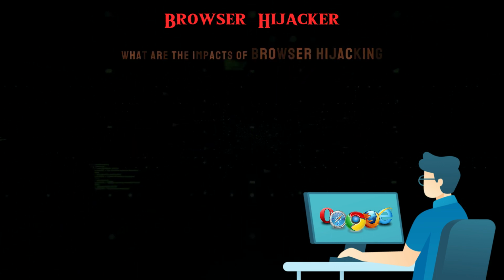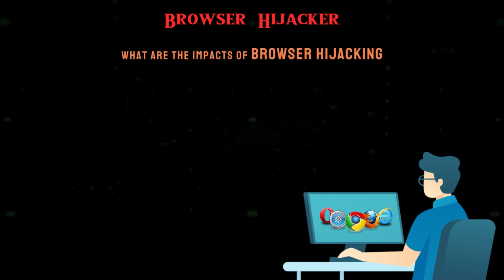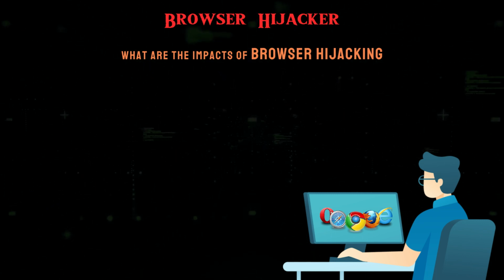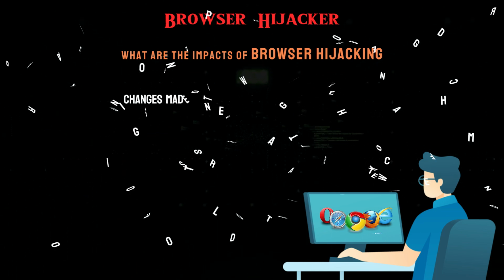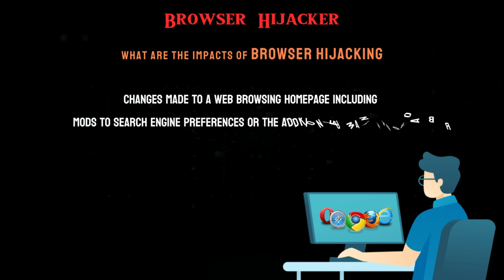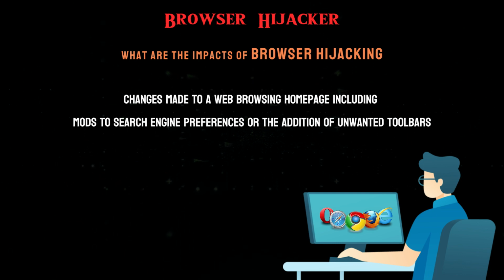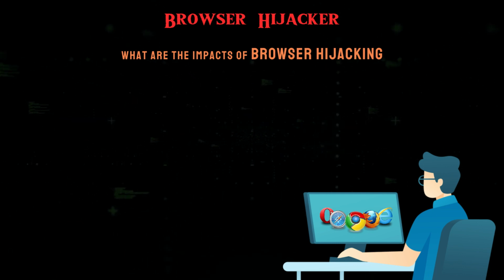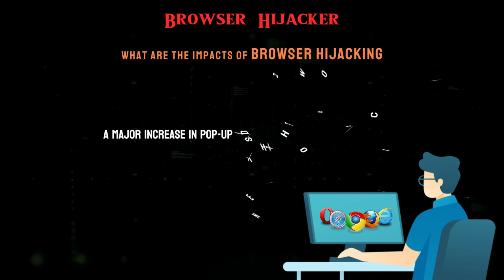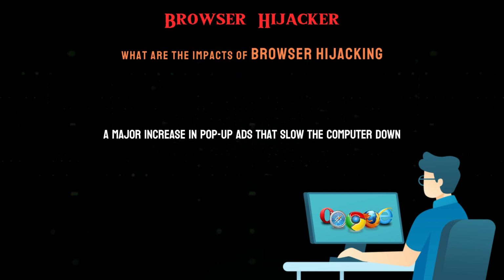What are the impacts of browser hijacking? Knowing what the effects of browser hijacking are can help users determine if they have been hijacked. Changes made to a web browsing homepage, including modifications to search engine preferences or the addition of unwanted toolbars. A major increase in pop-up ads that slow the computer down.